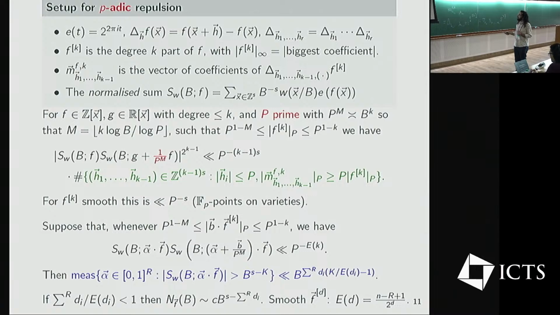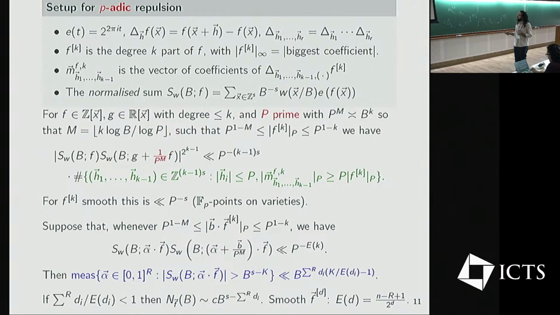There's a sign error here. Never mind. So instead, we want it to be congruent to 0 modulo some power of some prime.